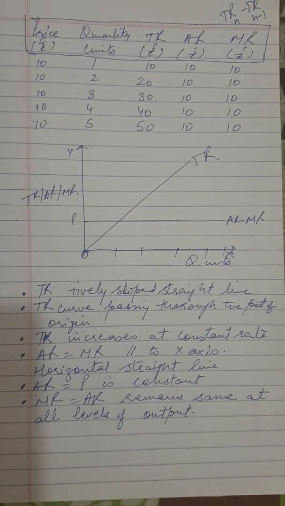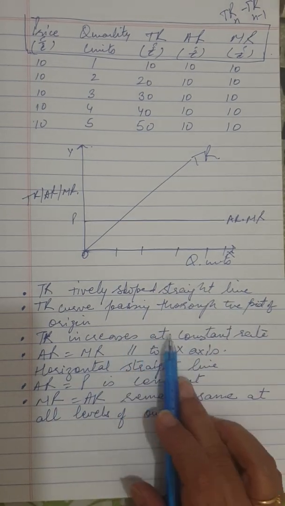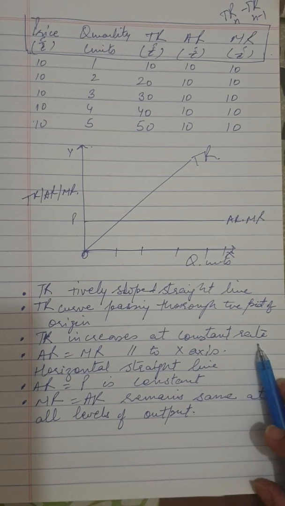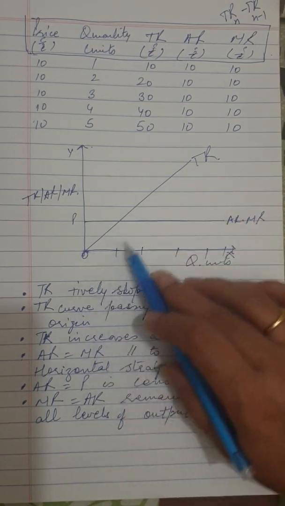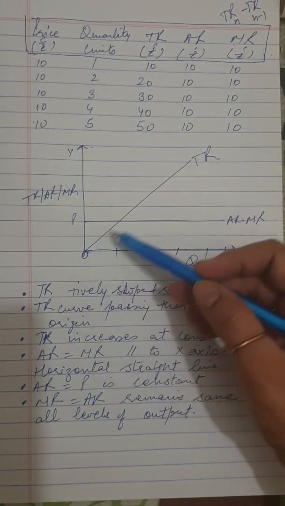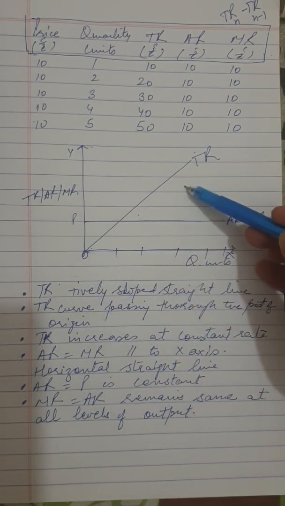That is why it starts from the origin. TR increases at a constant rate. And anything that increases at a constant rate is a straight line, because when it is rising with a constant slope, it forms a straight line. So it is a positively sloped straight line.